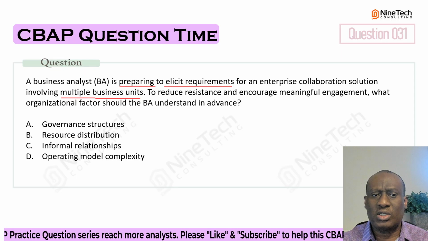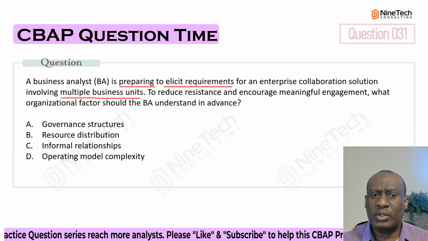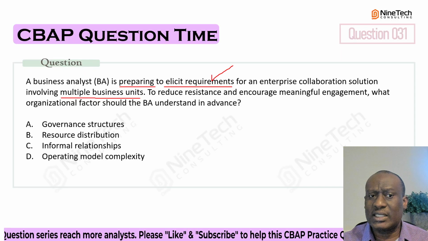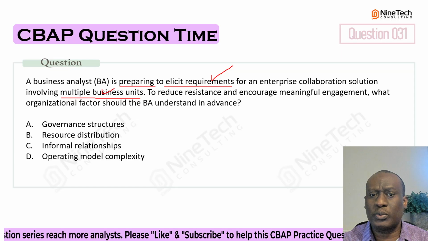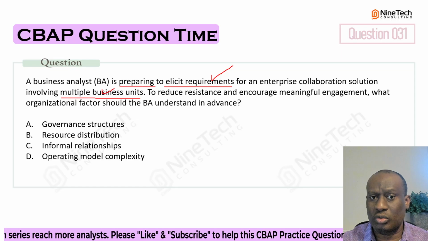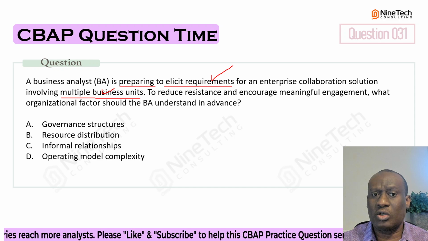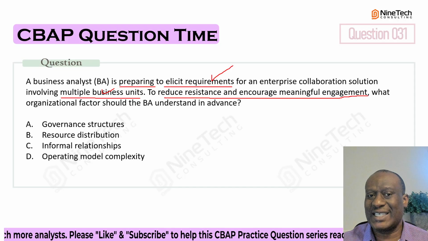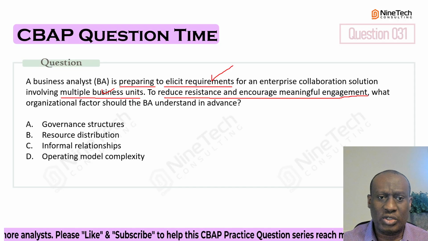So this question is just talking about what should the BA consider when planning on eliciting requirements for multiple stakeholders. You also need to note that this needs to be done in a way to reduce resistance and encourage meaningful engagement. So take note of that, reduce resistance.